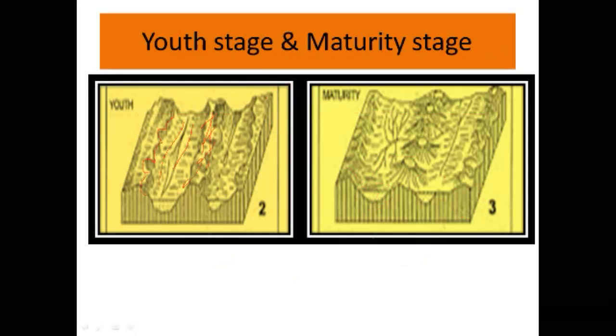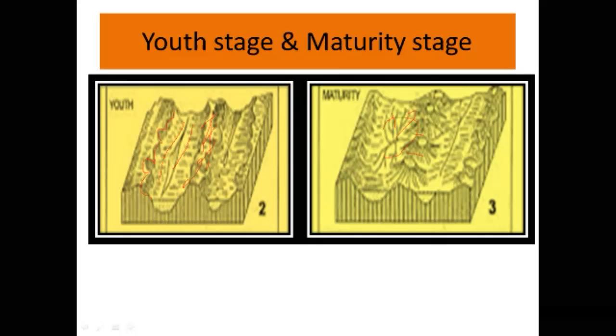In the maturity stage, dissection of the water divide is happening, and multiple water basins have joined together, and tributaries have also formed here.